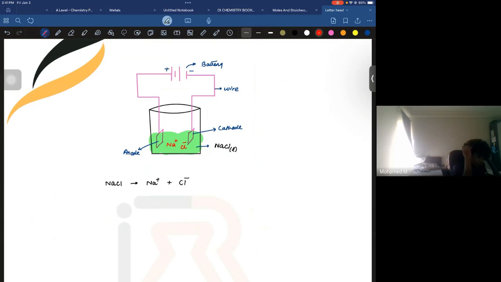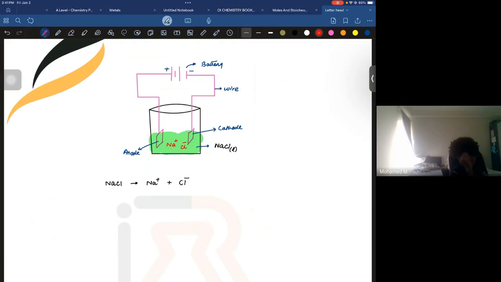I'm going to write only one, but there would be a lot of ions, because you have taken 1 mole of sodium chloride, and 1 mole of anything contains how many particles? So a lot of cations and a lot of anions after breaking down the compound by means of electricity.